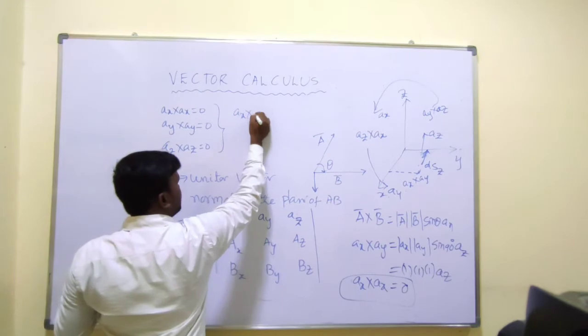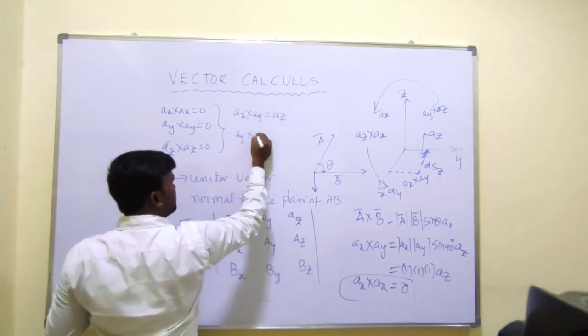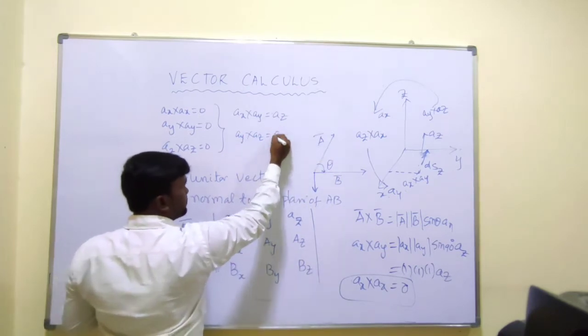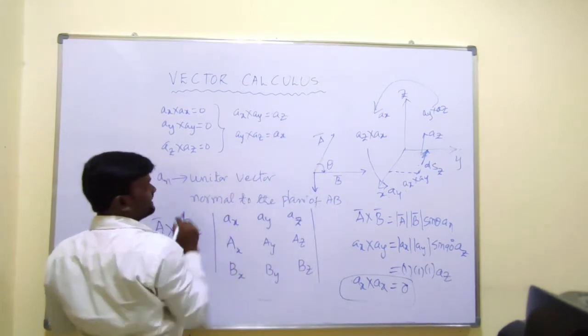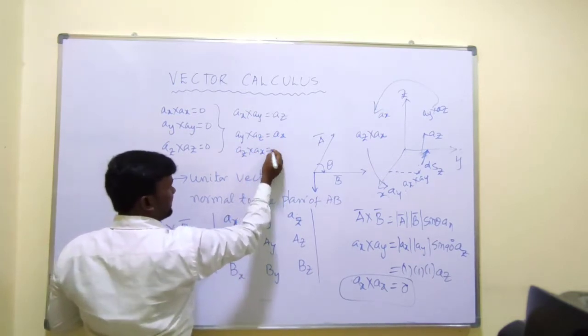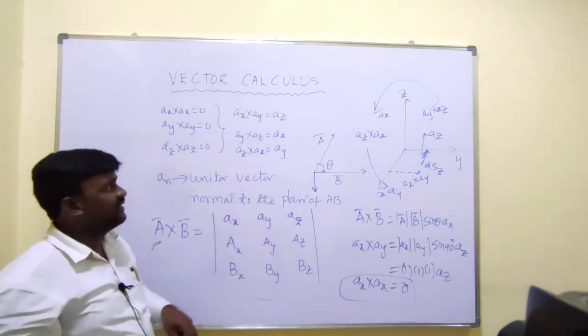Ax cross Ay is equivalent to Az. Ay cross Az, see the diagram, gives Ax. Next, Az cross Ax gives Ay. If I move in the opposite direction, then you will get the opposite sign.